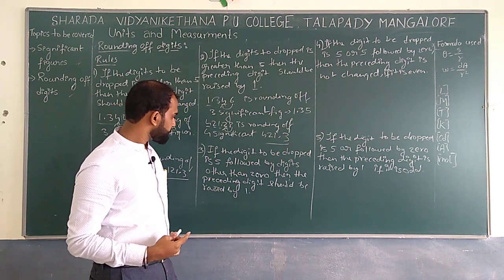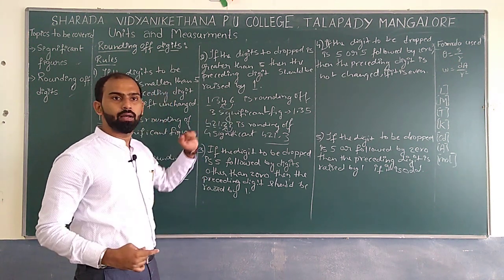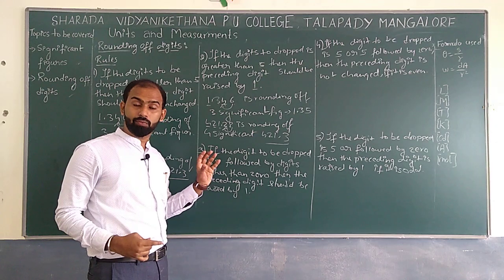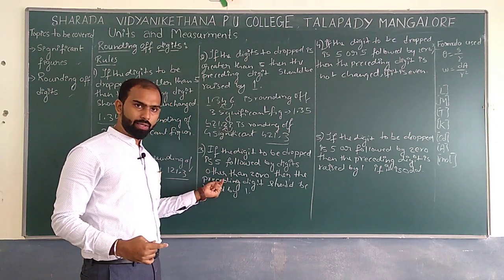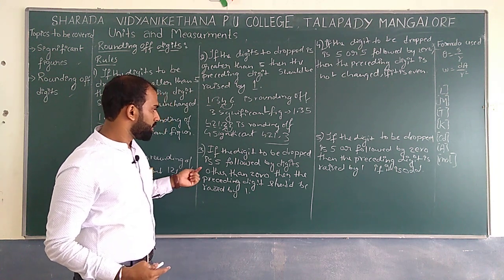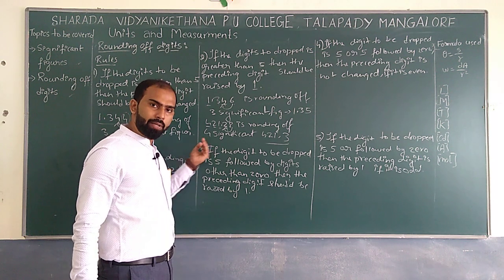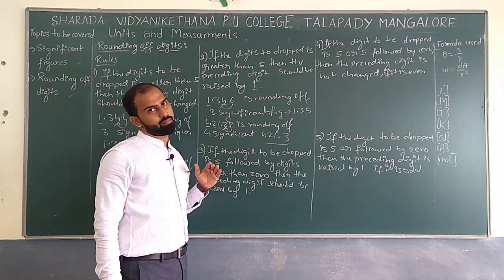Correct? And one more rule which comes under this particular concept: if the digit which you are going to drop is 5 followed by any non-zero numbers, then the previous digit should be raised by 1.